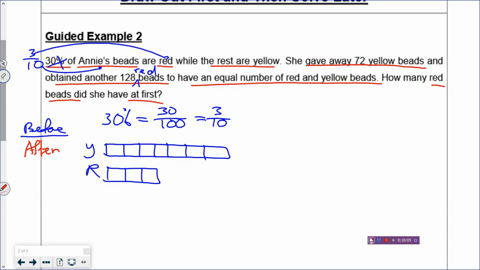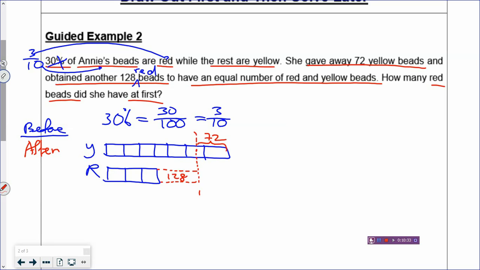So just draw a dotted line, and can you see that she gave away some yellow? So we don't know how she gave away 72 yellow. So let's maybe for example, draw a dotted line, and this is your 72 yellow beads that she gave away, and then she obtained some more red. So this is the 128 red, and then what happens?